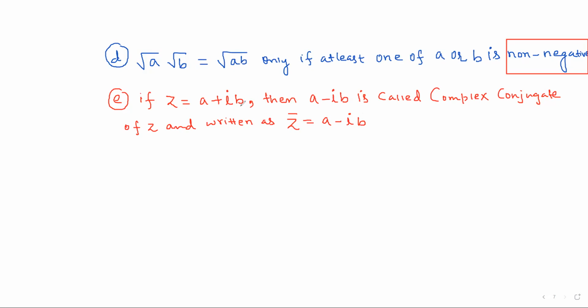Z is A plus iota B, Z bar is A minus iota B, and both are conjugates of each other. That is a note point of complex numbers.